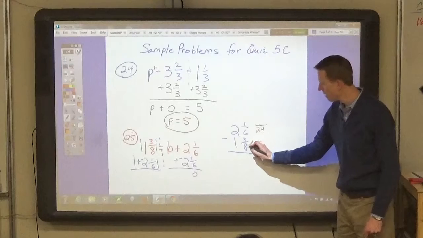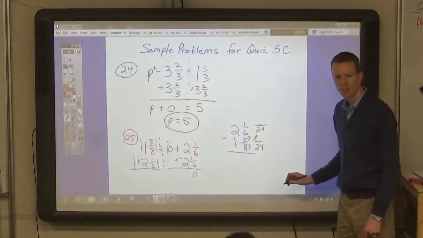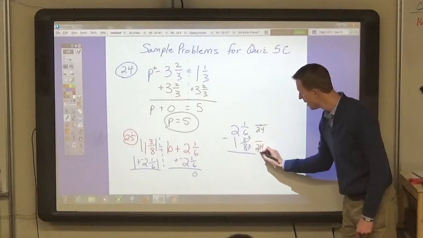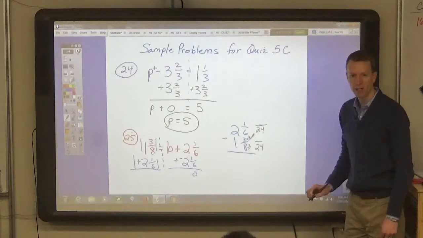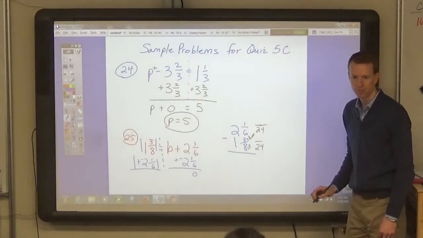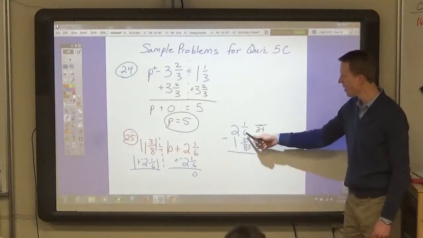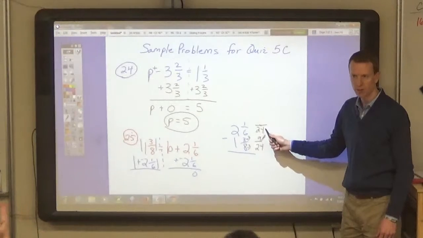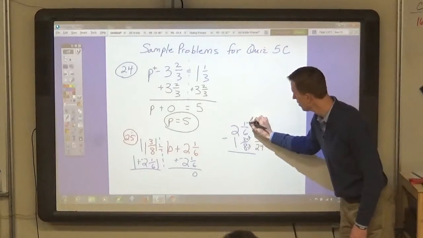Times 3, right? We have to do 8 times 3 to get 24. So we have to do 3 times 3 to get the equivalent fraction. 9. And then 6 times 4, so 1 times 4.